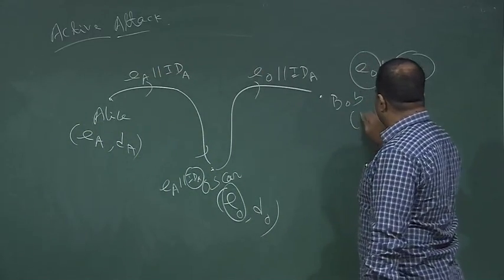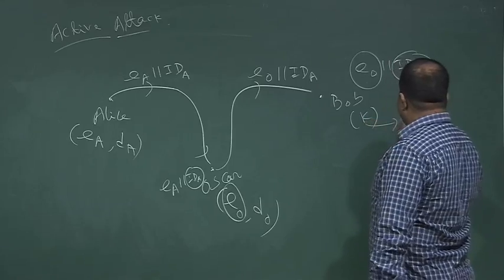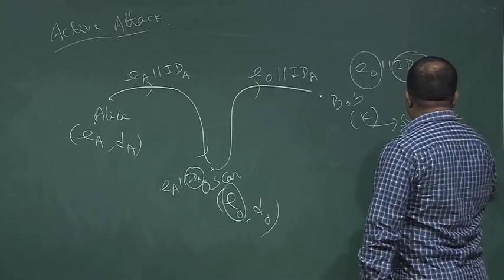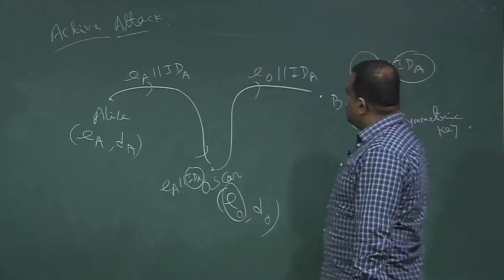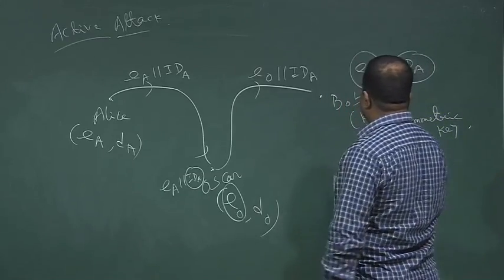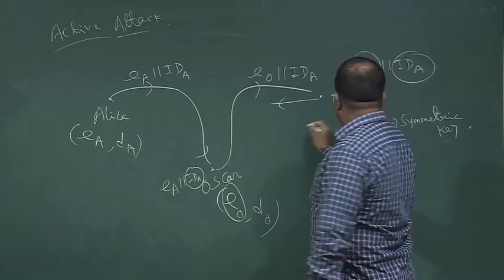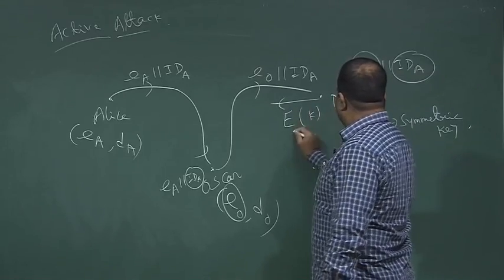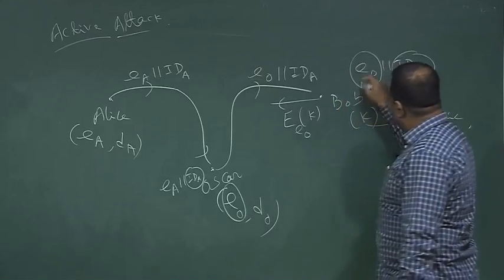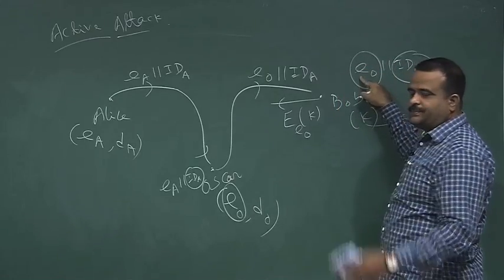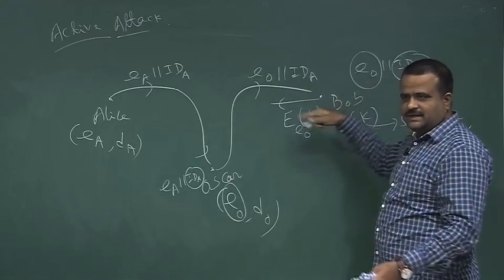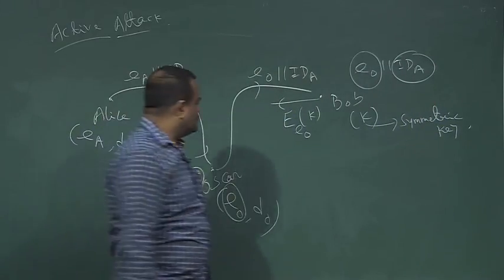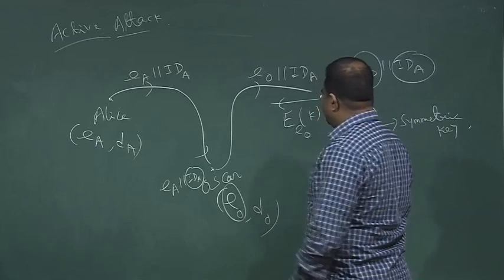So Bob will choose a symmetric key K, and Bob will encrypt this K with public key encryption, using the public key which Bob has received, which is supposed to be Alice public key, but Oscar has changed it. Oscar made it his own public key.